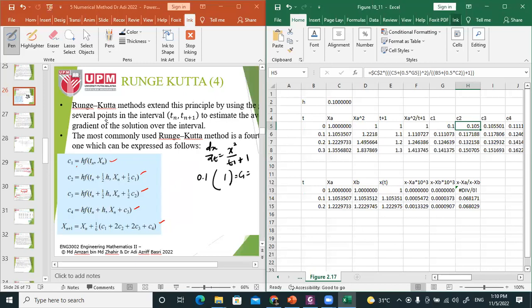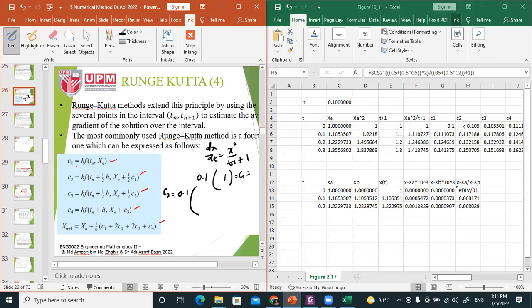So for C2, pay attention. In order to calculate C2, this is the matrix formula. Simplified, what is your h? h is 0.1. What is your function here? Remember, your function is x squared, so in this case your t, you need to add 1 over 2h. And what is your x?